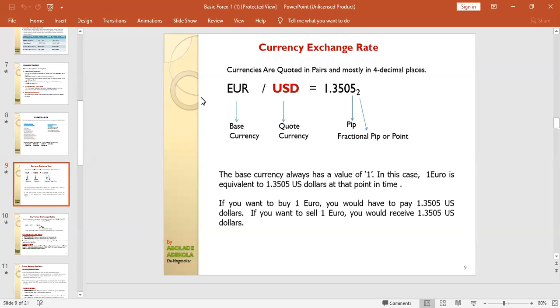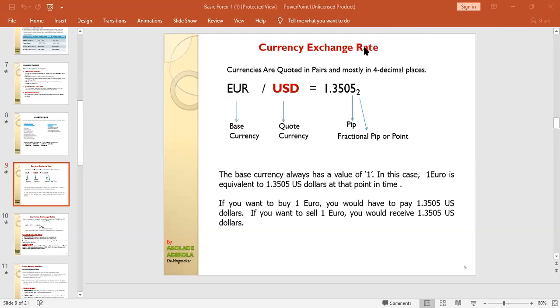Okay, so no time to waste because I have something really important to share with you guys. Now, yesterday we talked about how to recognize your currency pair and how to recognize your pip value and all that.